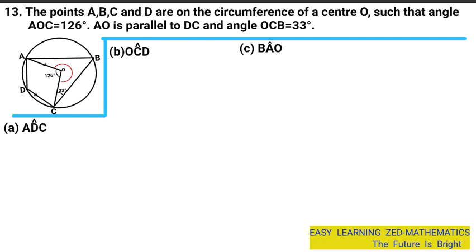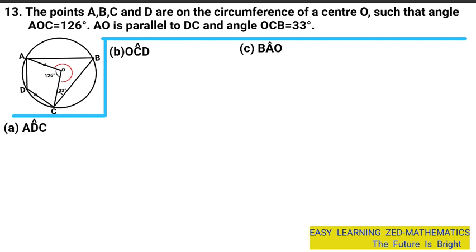So angle ADC is half of angle AOC, the one with the red arc. So for us to find angle ADC, we need first to find the angle AOC, which is the red arc there.